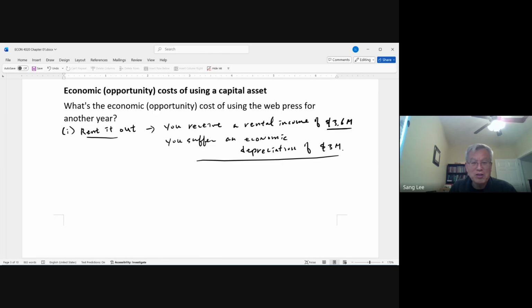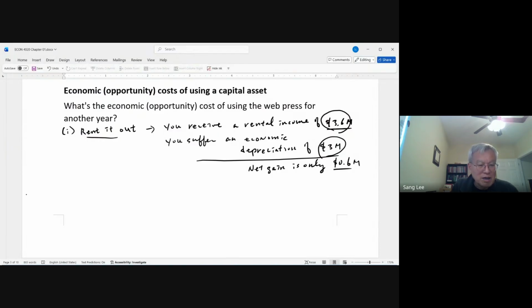No. So your true net gain is, while you are earning $3.6 million of rental income, its market value drops by 3 million. So your net gain here is only $600,000, $0.6 million.